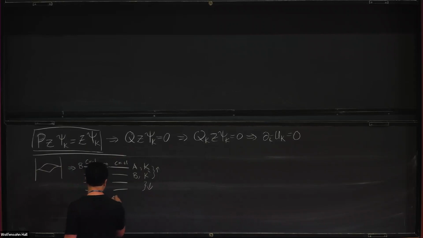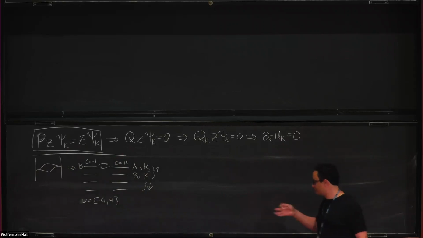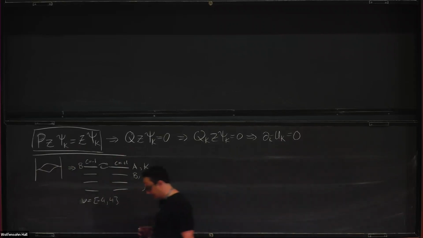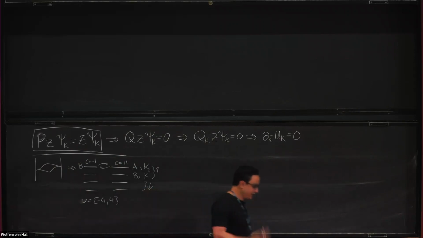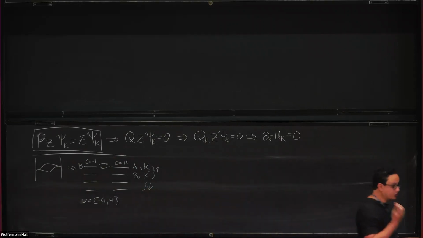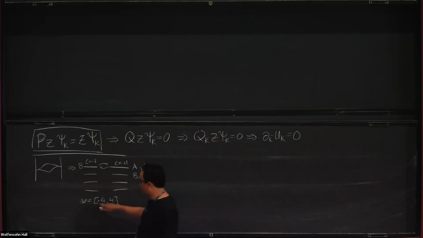And although, as I said, I will not be discussing the experiments in any detail, one of the earliest observations in the system that indicated that this system has some non-trivial correlation effects was that at certain integer fillings, we get some correlated insulators.